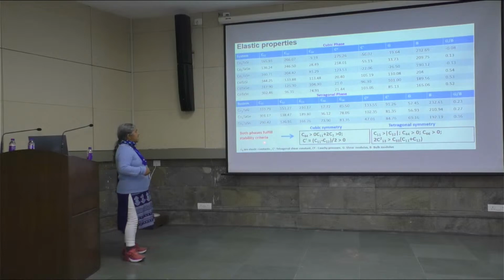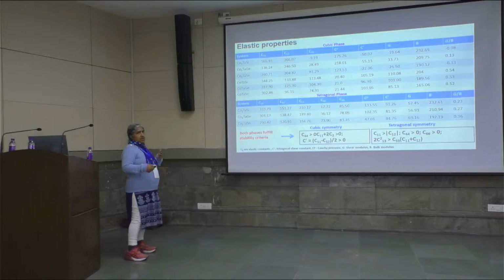Here I am just touching on the stability criteria. So for cubic symmetry, these are all the elastic constants, as well as C prime, the tetragonal shear constant. G is the shear modulus, B is the bulk modulus, and G/B value is the measure of malleability.